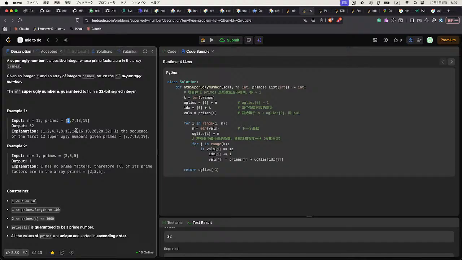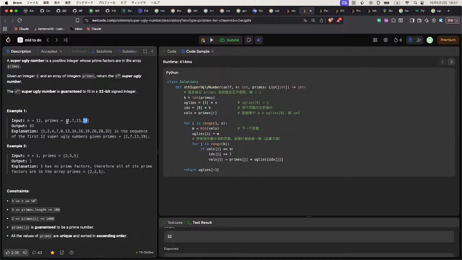14 is a good example. When we get 13 as a super ugly number, the candidate array would be like 14, 14, 13 and 19.